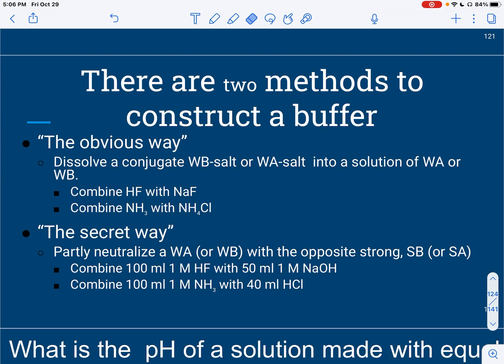When you have a weak acid and you neutralize it with a strong base, you are creating the conjugate base. So if you only partially titrate it so that it's not at the equivalence point, you're going to have that weak acid with a significant amount of its conjugate base.